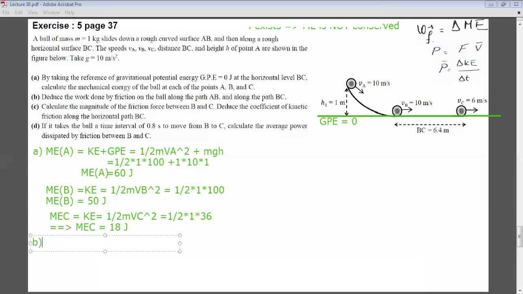Deduce the work done by friction on the ball along the path A, B. So we want to deduce the work done by friction. What is the formula?